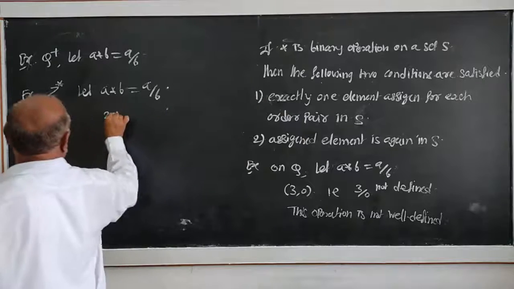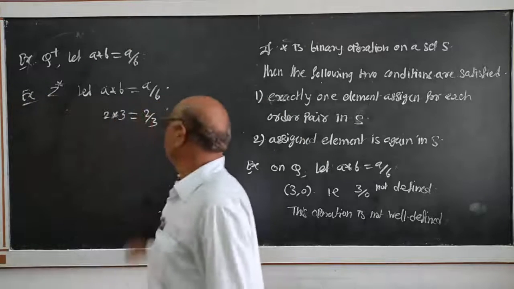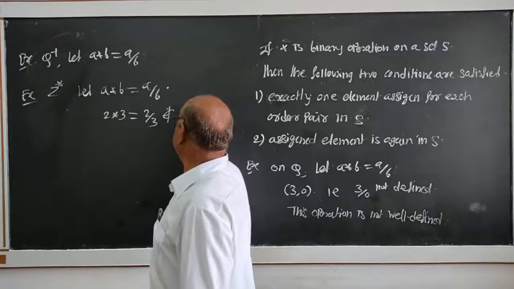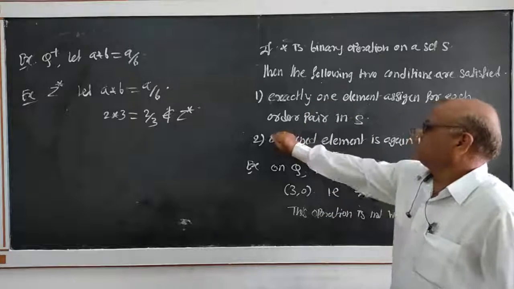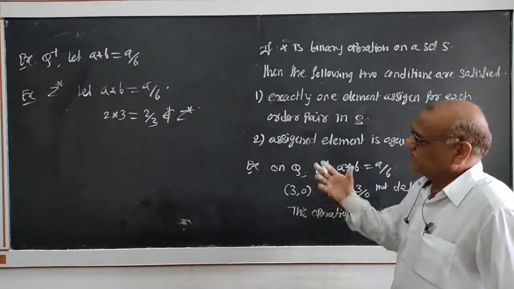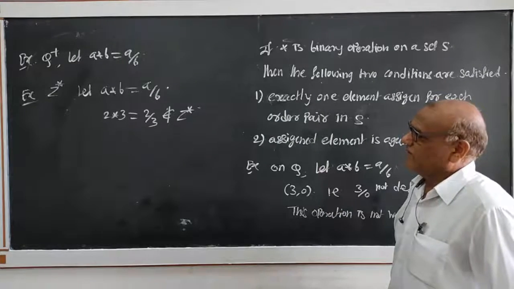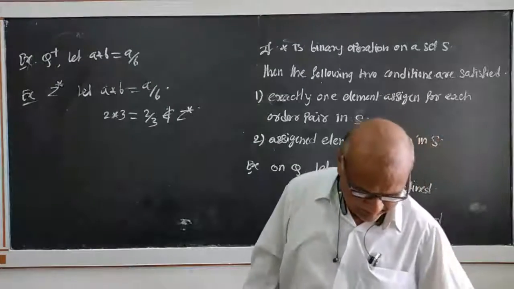That means 2 star 3 is equal to 2 by 3, which does not belong to Z star. So here our second condition is not satisfied, and so it is not a binary operation.